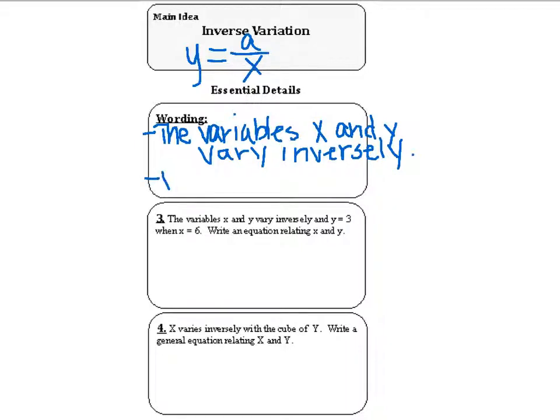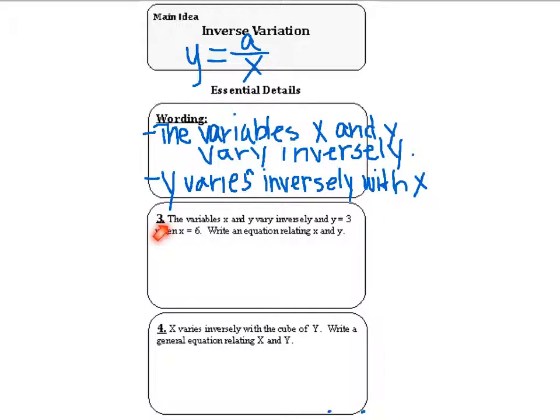You might also see Y varies inversely, I gotta spell that right, inversely with X. So you might see it written either of those two ways.